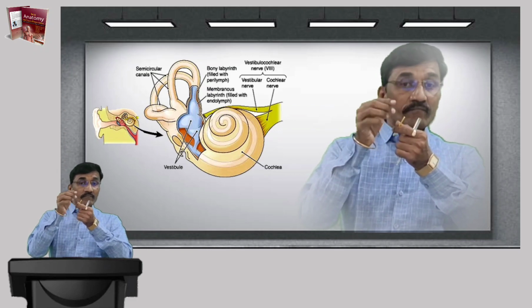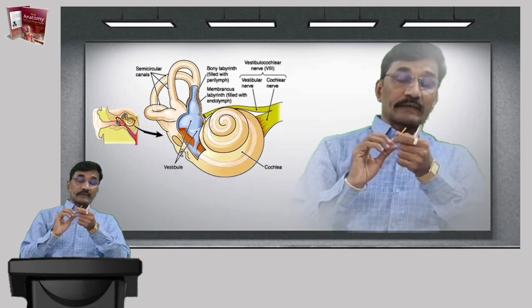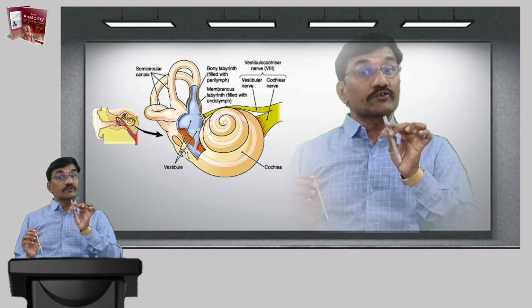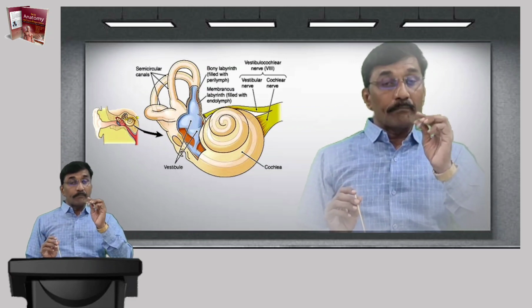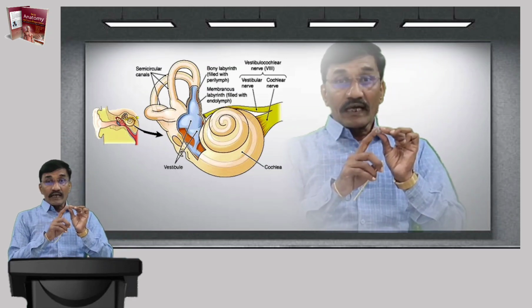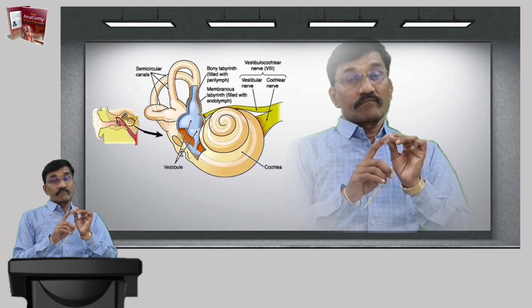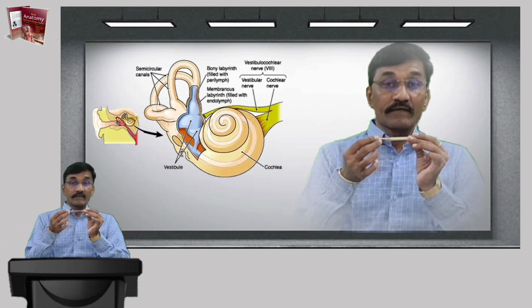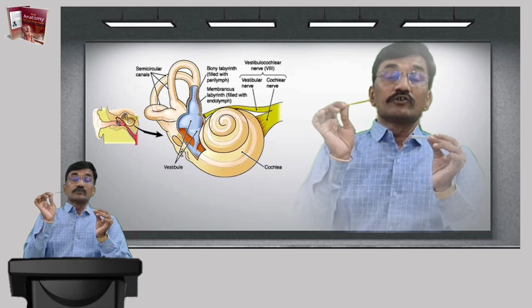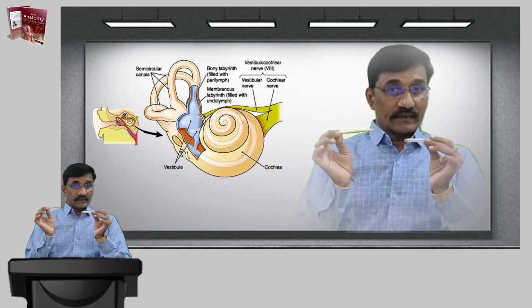So this bony part is called the bony labyrinth, whereas the part inside the bony part is a membranous part, so it is called the membranous labyrinth.